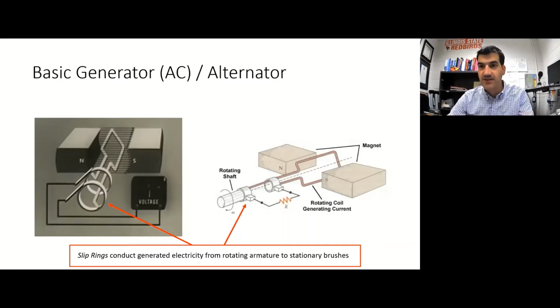On the hand crank generator earlier, I pointed out those wires that were physically connecting the armature to the slip rings. So those slip rings are physically rotating around with the armature, and then the brushes ride on top of those slip rings and conduct the electricity from the rotating domain to the stationary domain where it can be connected to the electrical grid.